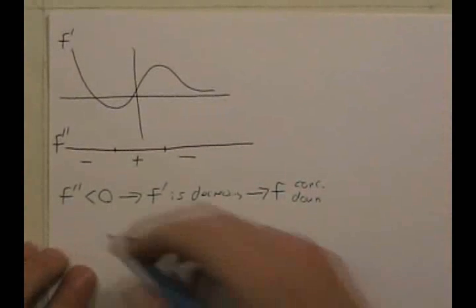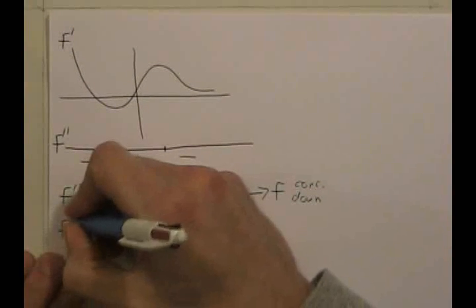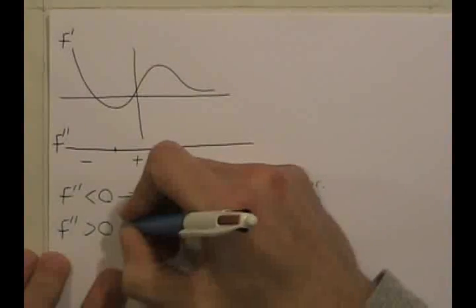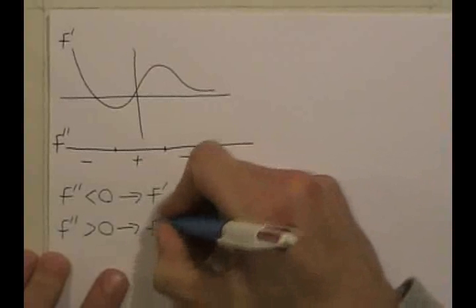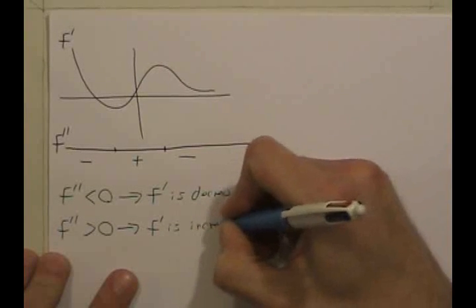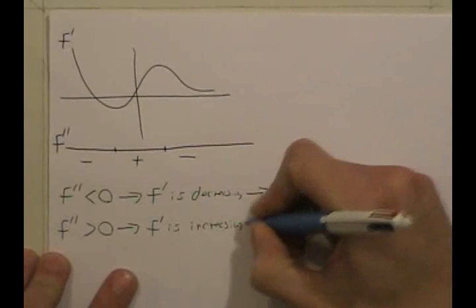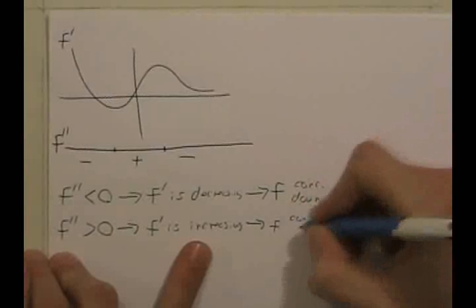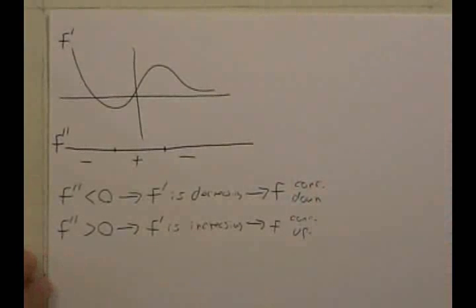And the flip side to that is if f prime prime is greater than 0, if f prime prime is positive, that implies that the first derivative, f prime, is increasing, which was our definition of f being concave up. And this is typically the method that we're going to use when we're confronted with problems.